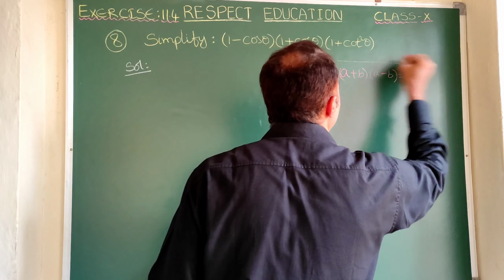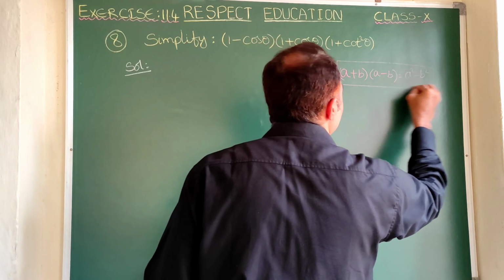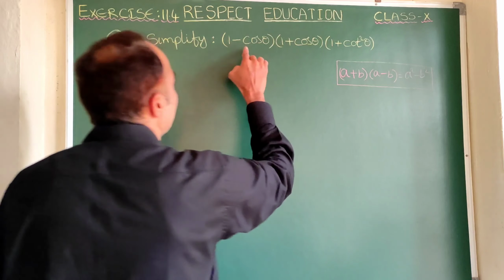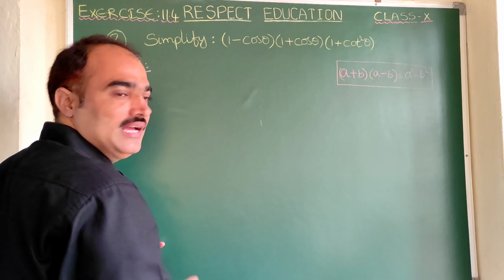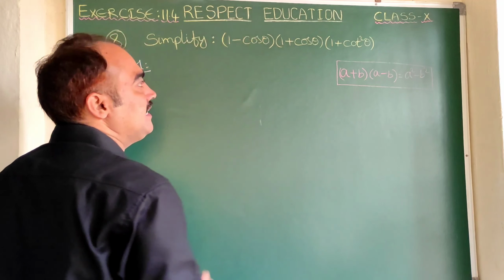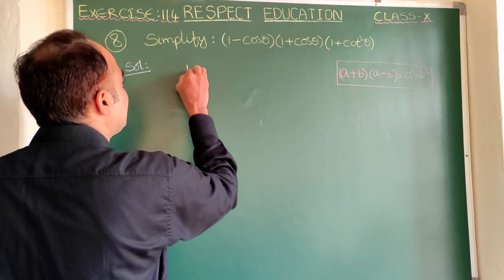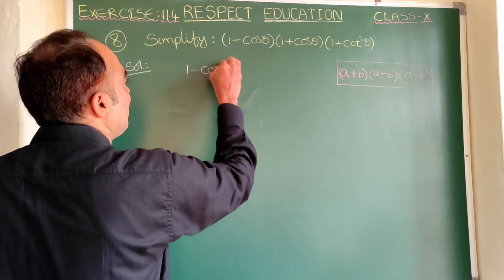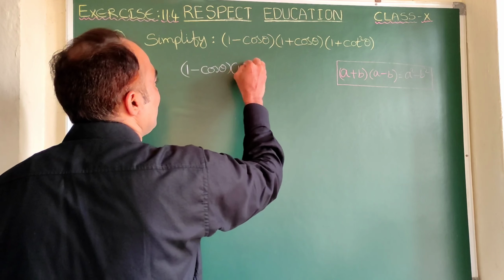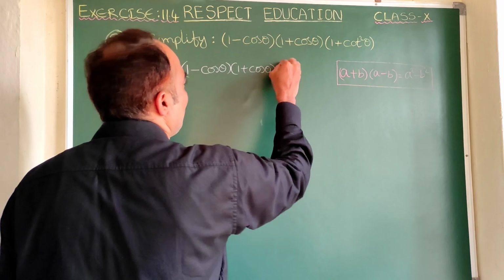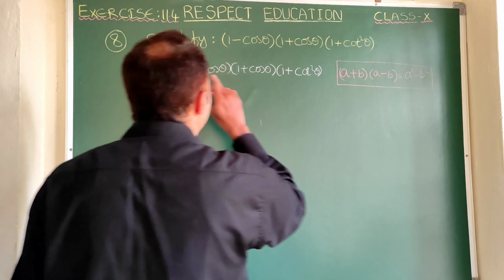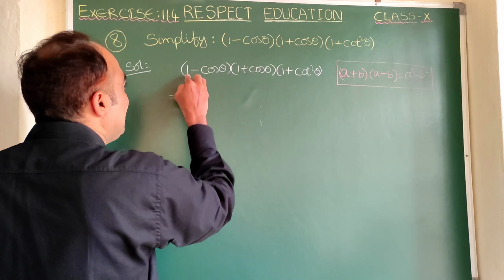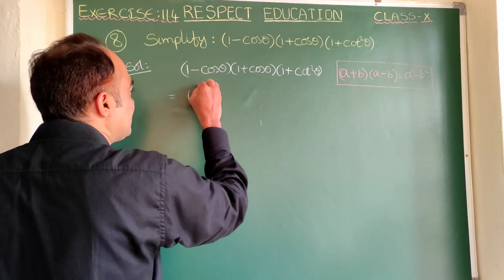So based on this formula, first let us simplify the first two easily. Here in place of A, 1 is there. In place of B, cos theta is there. So let us write the question for the first step: 1 minus cos theta into 1 plus cos theta into 1 plus cot square theta. Here I am going to apply the formula. A is 1, so A square is 1 square.